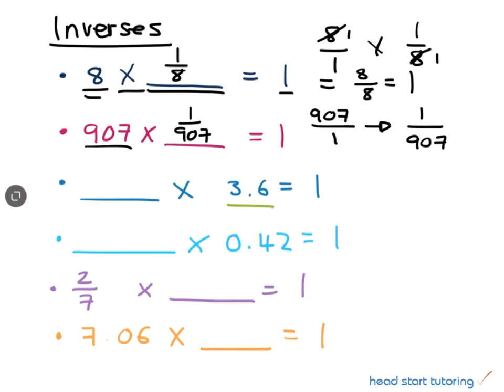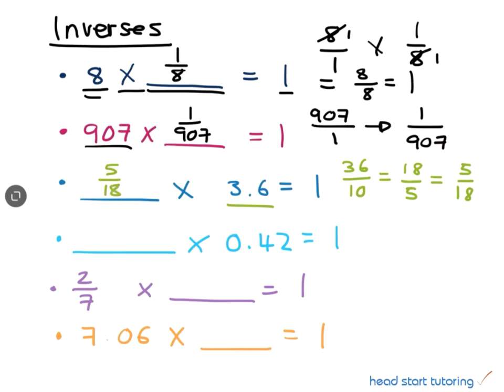So 3.6 as a fraction is equal to 36 over 10, which as a simplified fraction is equal to 18 over 5, because we divide both our numerator and our denominator by 2. Right, so 18 over 5 is our simplified fraction, and to get 18 over 5 into its inverse, I just flip the numerator and the denominator to get 5 over 18.